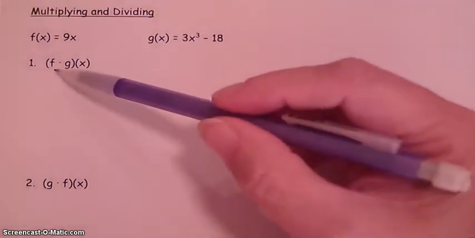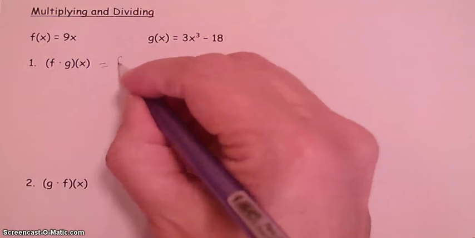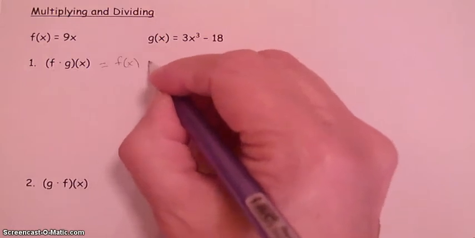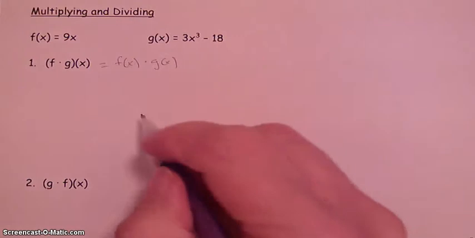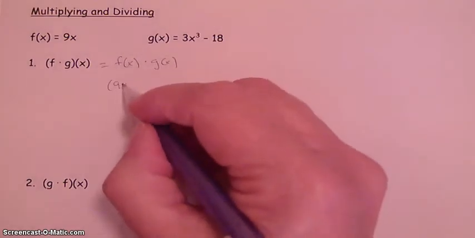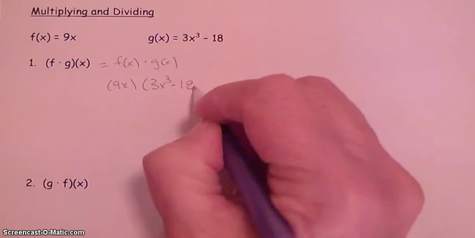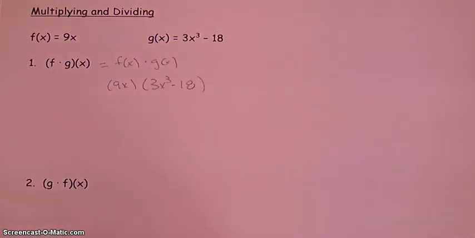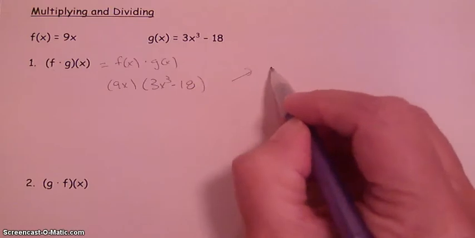So let's look at what happens if f times g of x. So again, this is going to equal f of x times g of x. Okay, so I have f of x is 9x and g of x is 3x cubed minus 18. Alright, so when we're multiplying polynomials, you know you need to distribute or FOIL. So let's just write that down.